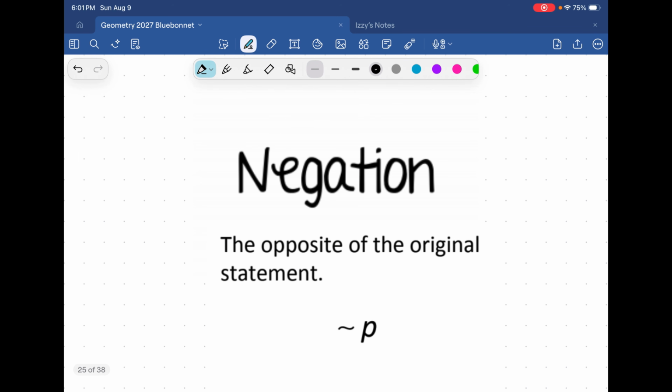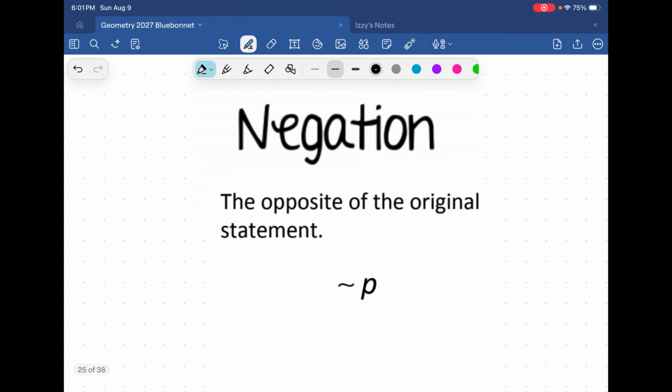All right, before we can move on and do the inverse and the contrapositive, we need to talk about the negation. The negation of a conditional statement is the opposite of the original statement. Notice that we're still seeing our hypothesis here, but we've added this little swoop in front.